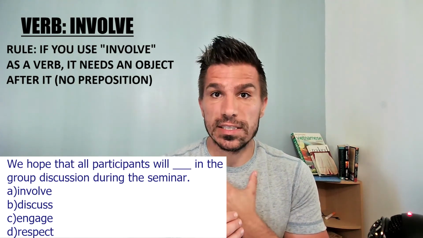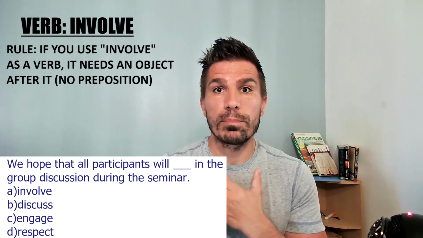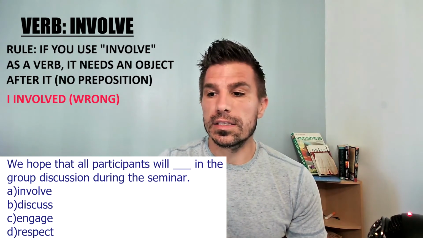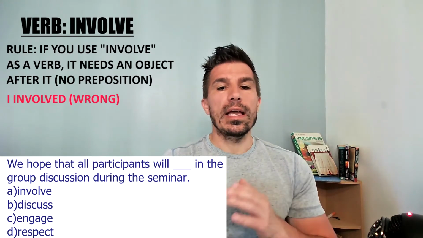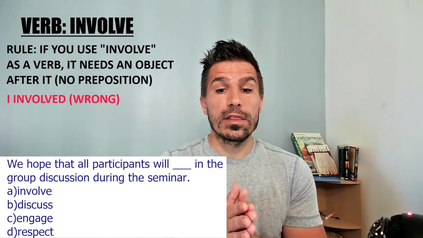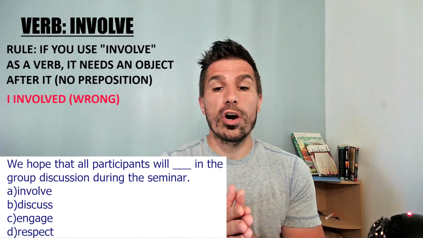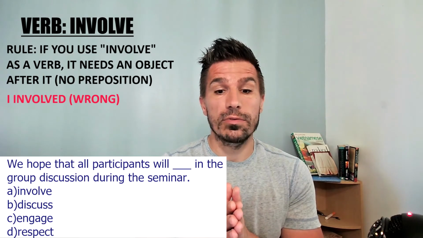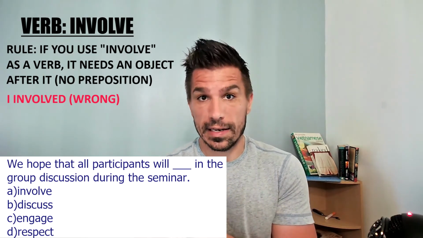If I just say I involved, people are going to say I involved what? So if we look here, there is no object after involve. So involve is wrong because I don't say will involve in.